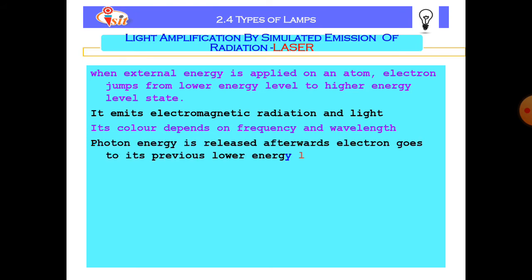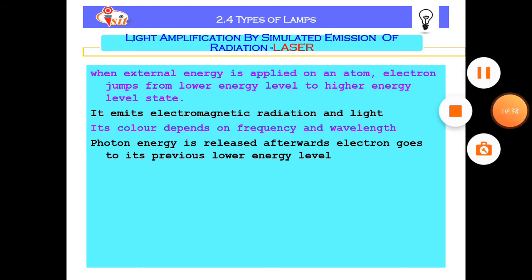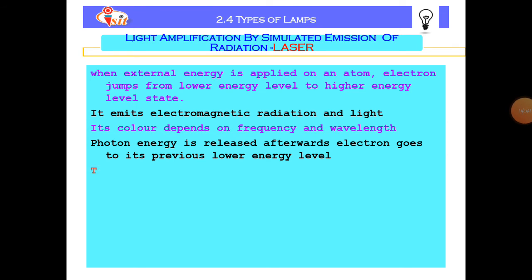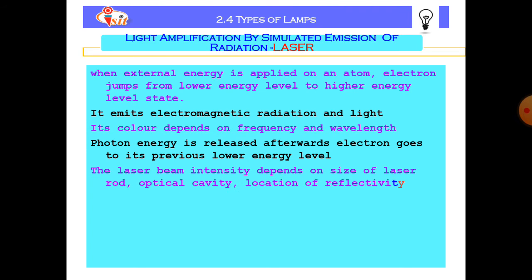Photon energy is released when afterwards the electron goes to its previous lower energy level. The laser beam intensity depends on size of laser rod, optical cavity, and location of reflective mirrors.